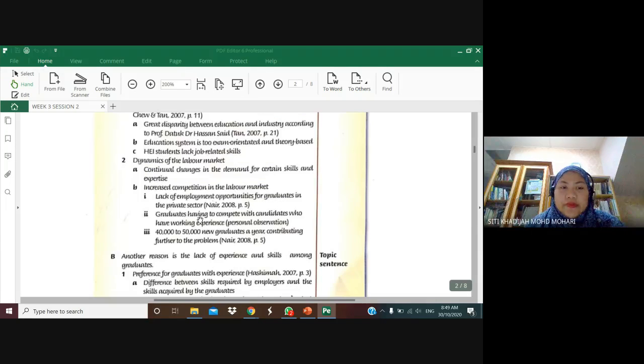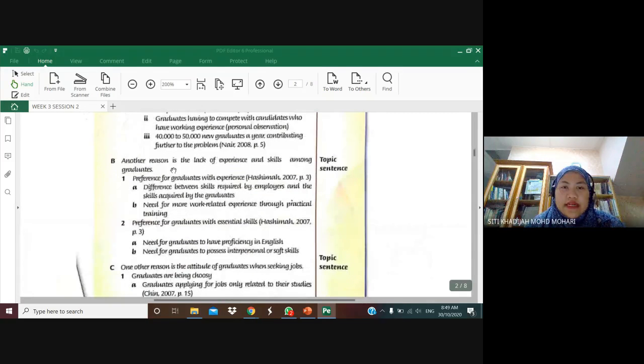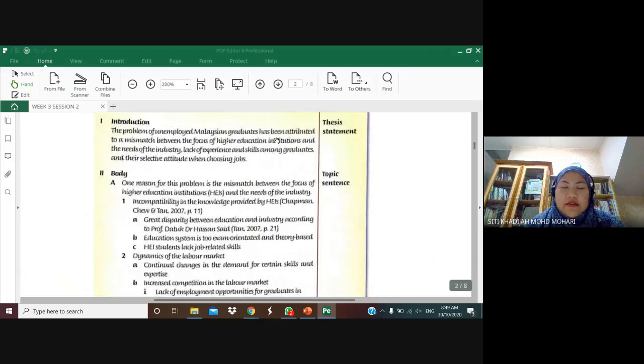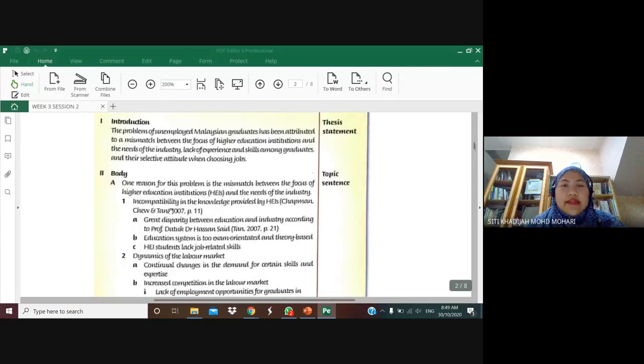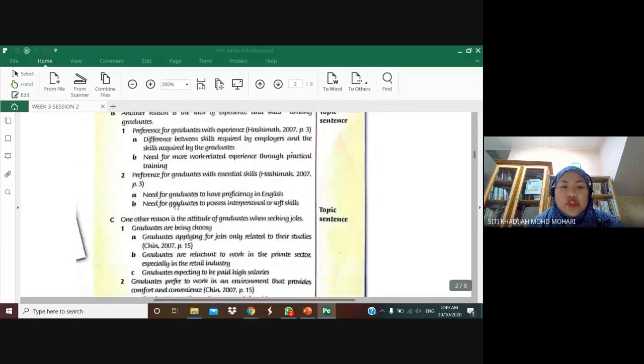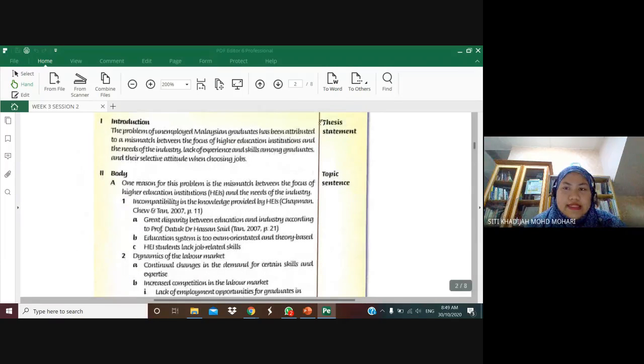Body content number 2, they are going to talk about lack of experience and skills among graduates. That is number 2, so you are going to have a body paragraph discussing that. Number 3 is their selective attitude when choosing jobs. So we have that one for your topic sentence. Your topic sentence has to be talking about that. All right, this is your thesis statement.